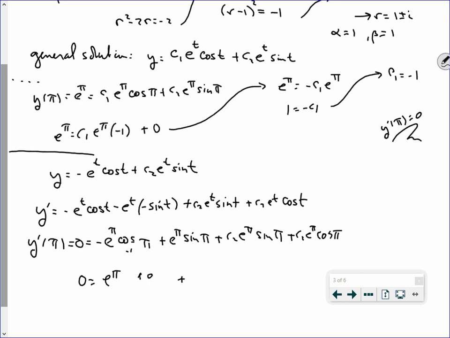And over here, c2 e to the pi cosine pi, well, cosine is -1, so this is a minus c2 e to the pi. Is that right? Yeah. So when you add c2 e to the pi to both sides, you get c2 e to the pi equals e to the pi. So that means c2 is 1.